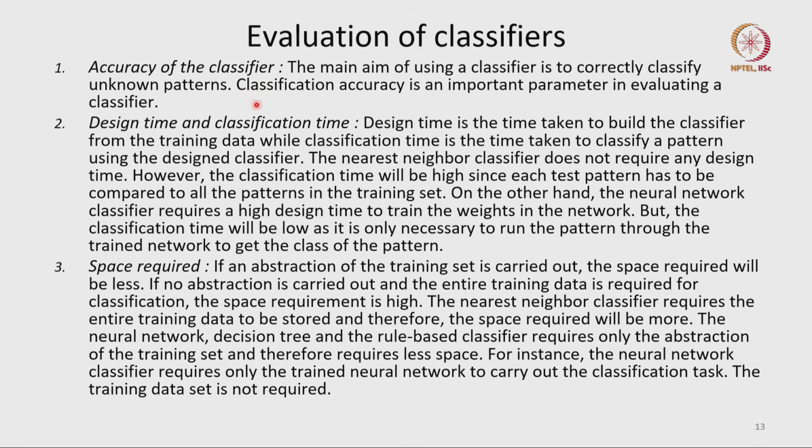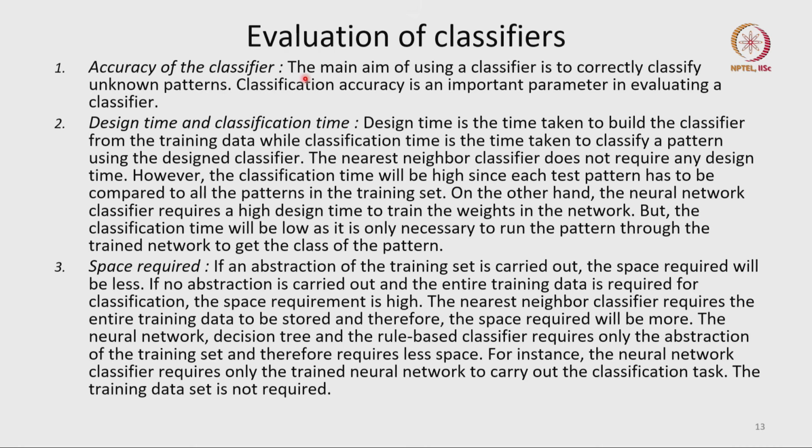If you get the classification accuracy as a decimal number, 1 minus that gives you the error. Or if you have a percentage classification accuracy, 100 minus that gives you the percentage error of that classifier.